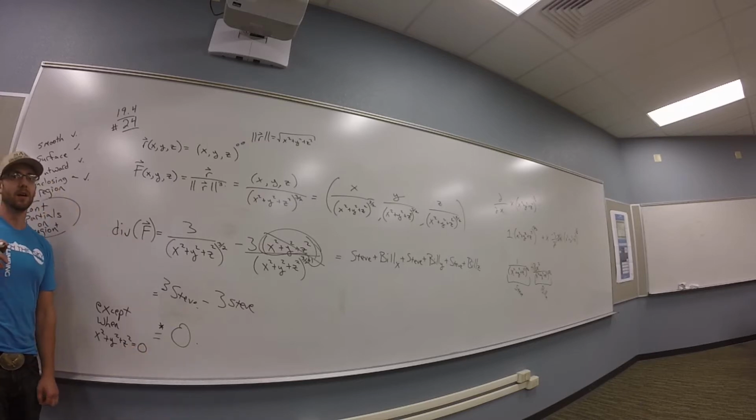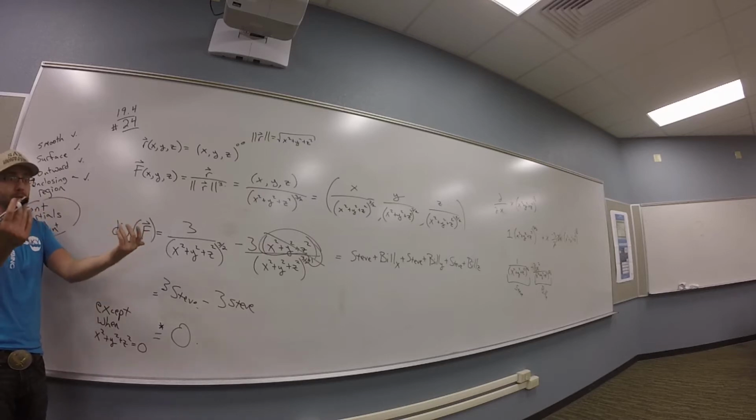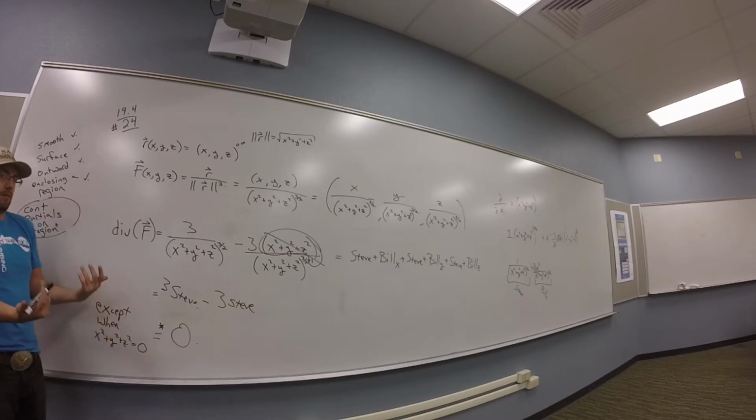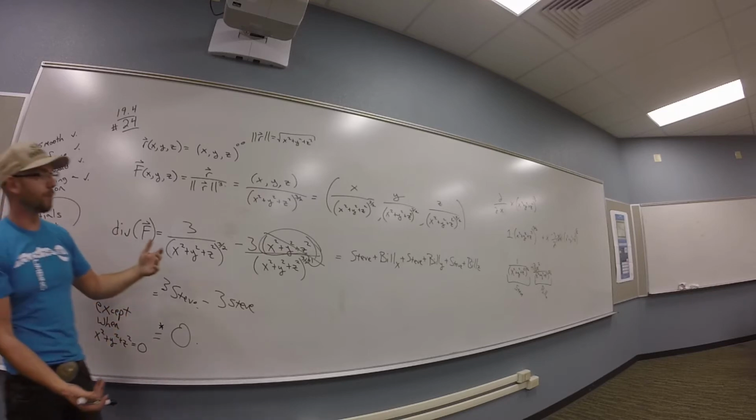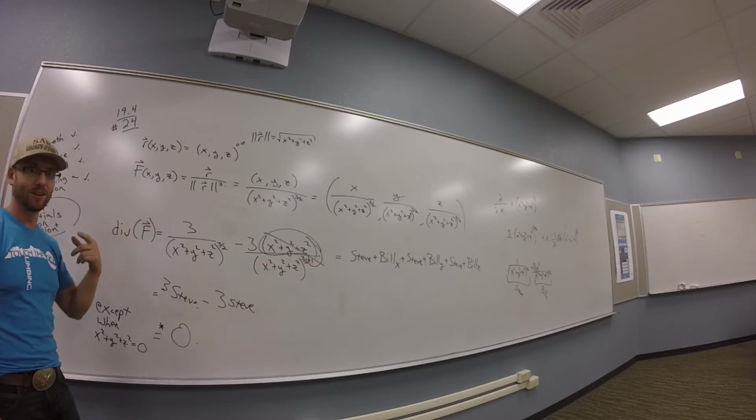So the divergence is 0 except at the origin where apparently it's probably infinity or something. So would it be undefined with the infinity? Yeah, it's undefined. There's more ways to be undefined than there are to be infinity, right? You guys see that?